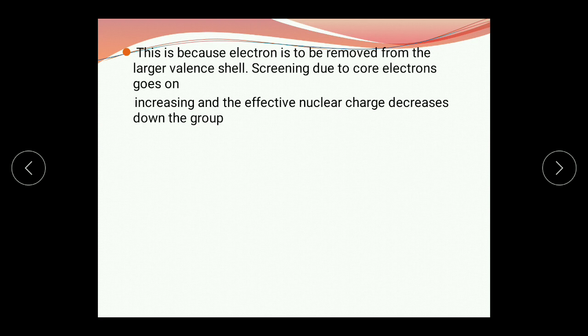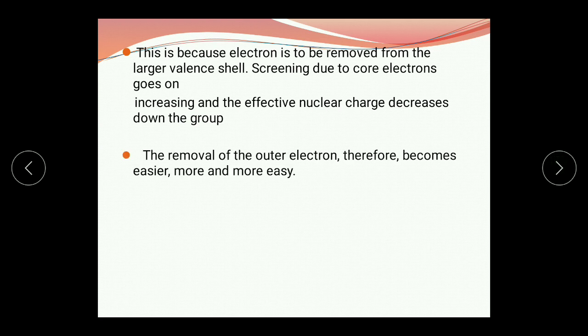As the shell is added, more electrons are added to the core electrons, and the positive force of the nucleus gets distributed among these inner core electrons. Hence, as an extra shell is added, the effective nuclear charge decreases, and it becomes easier to remove an electron. Hence, as we move down the group, ionization enthalpy decreases.